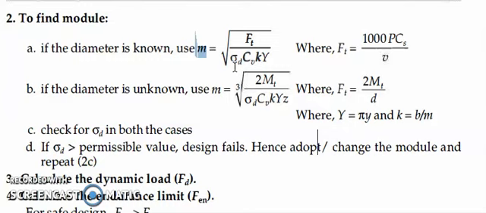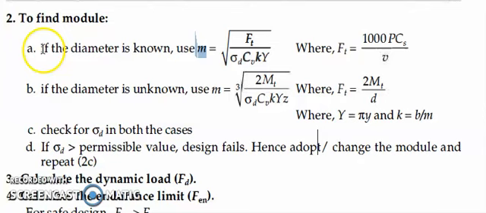All these equations are already in our data book, so there is no need to memorize or study in detail. Just identify where they are in the data book and from which area these equations are taken.